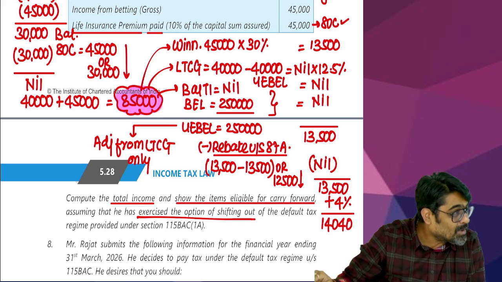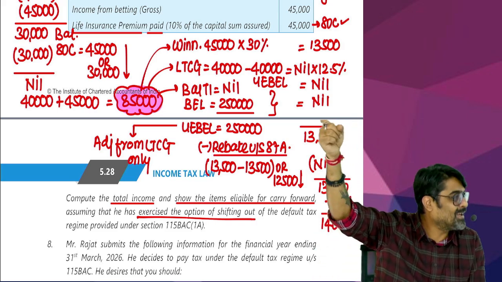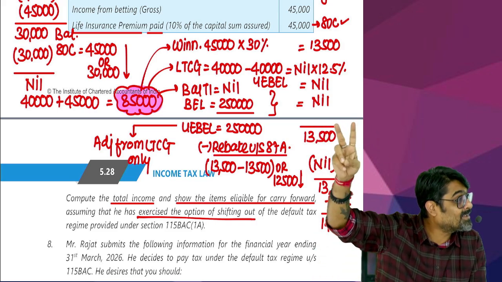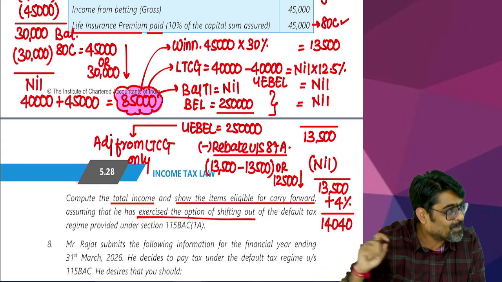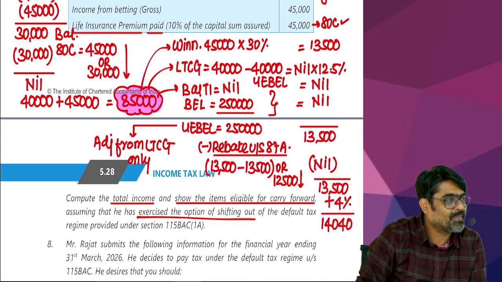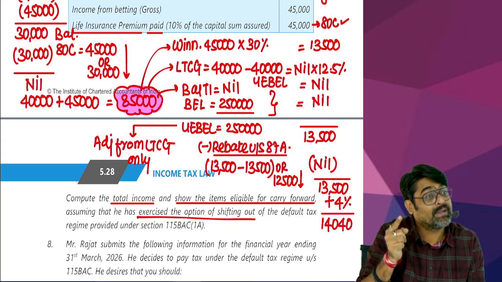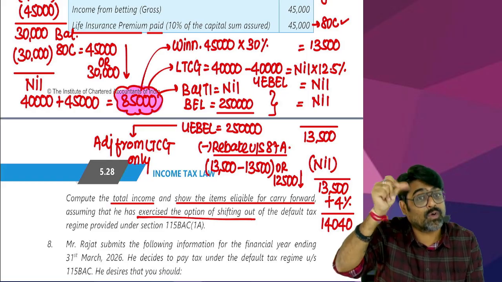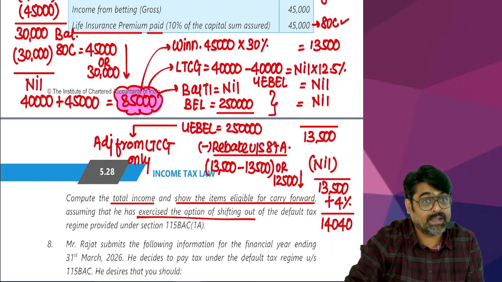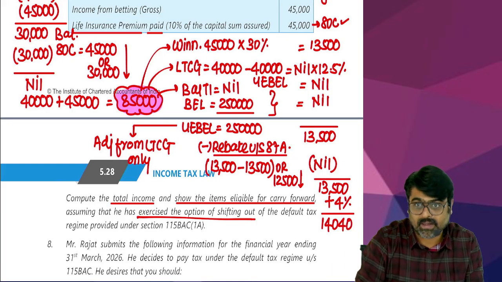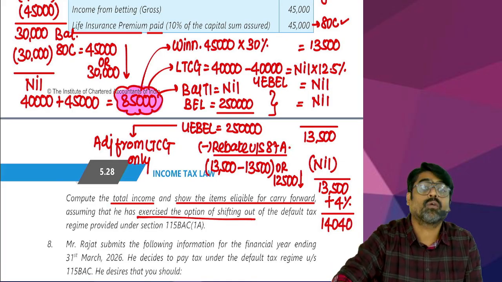So in this question and in the earlier question, in both the questions, you will not stop here. One more step, minus TDS on winnings. Because in this question the winnings is more than 10,000, and in the last question also the winnings was more than 10,000. On that 30% TDS would have been deducted. So what is 30% of 45,000?